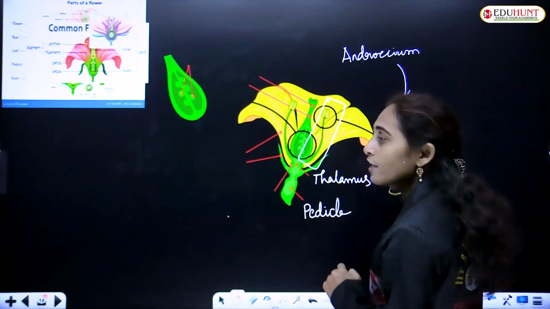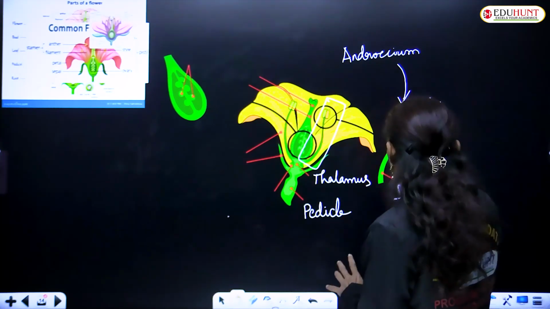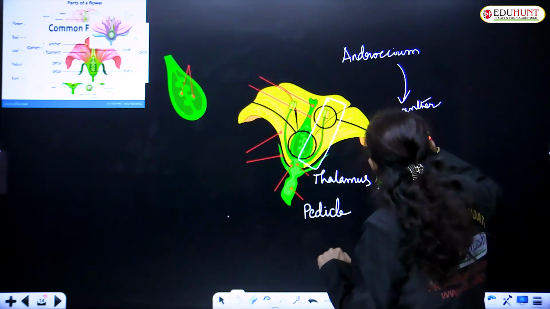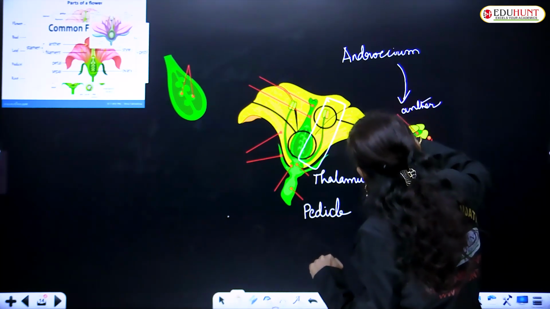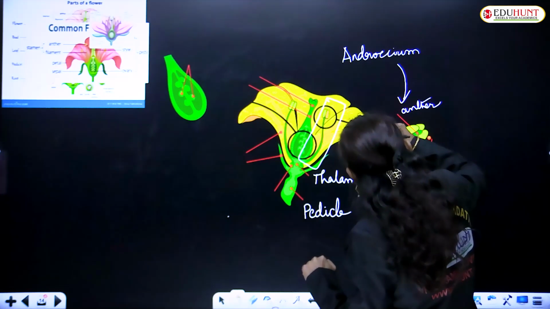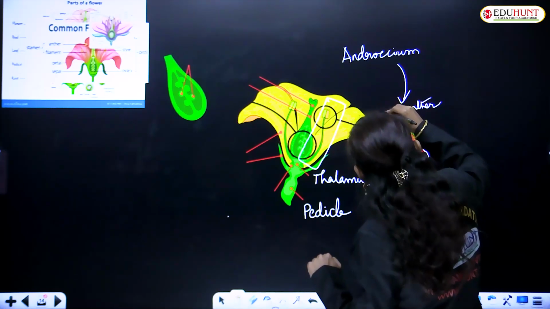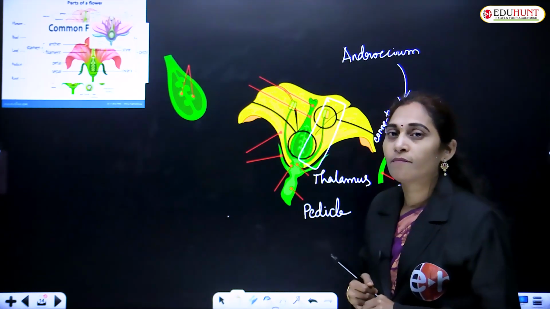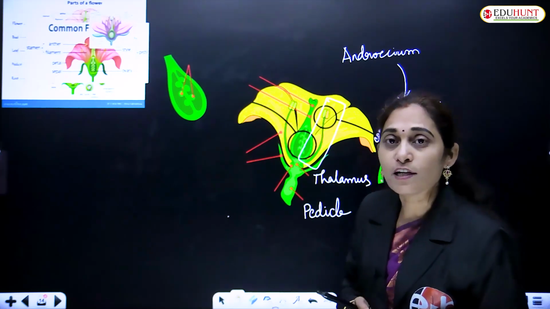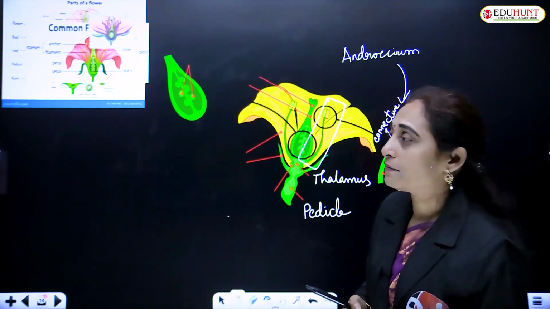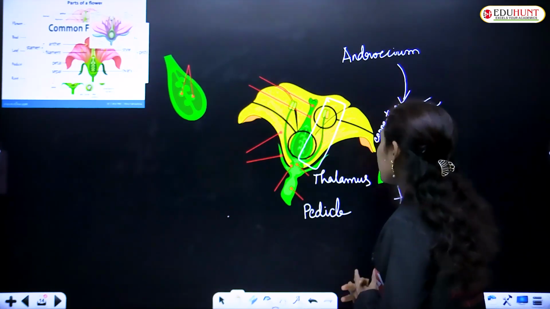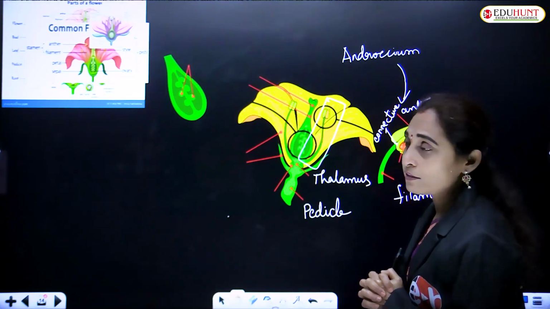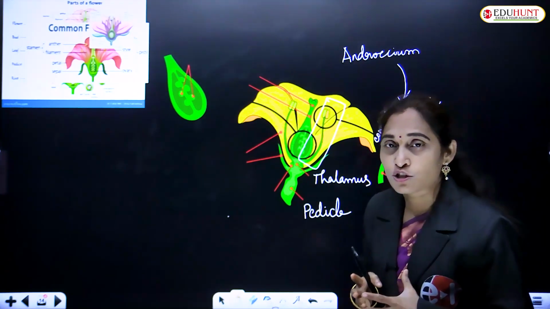So anther and filament, these two are connected by a connective joint called the connective. Through the connective, the filament attaches to the anther, and the anther consists of sac-like structures, and the sac possesses the sporogenous tissue.